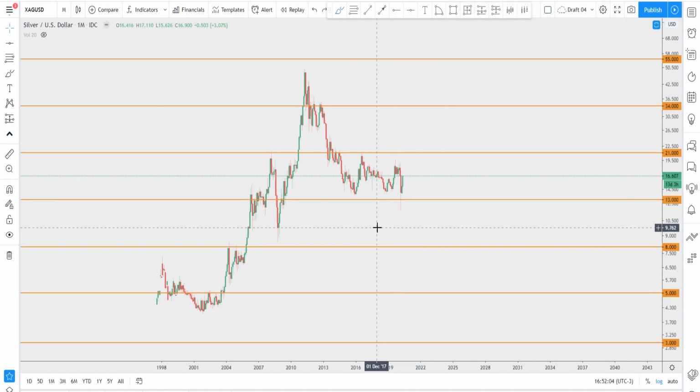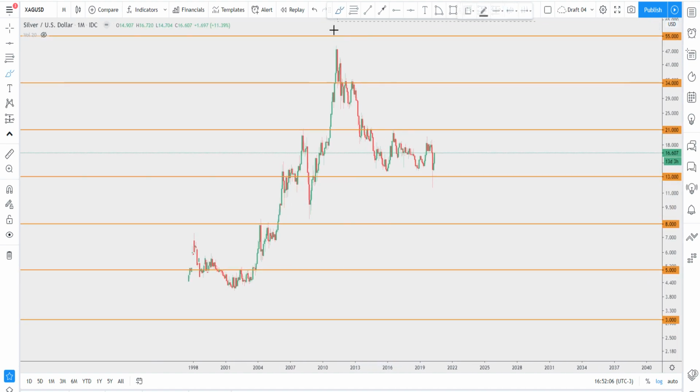Okay, so taking a look in the past, let's check this bottom here at $4. Okay, so nothing special here, but after the 5 things got interesting.